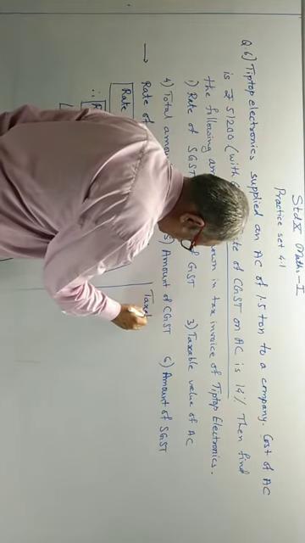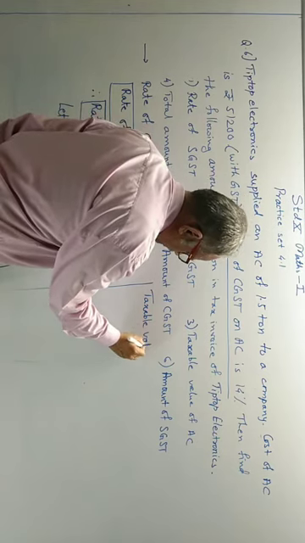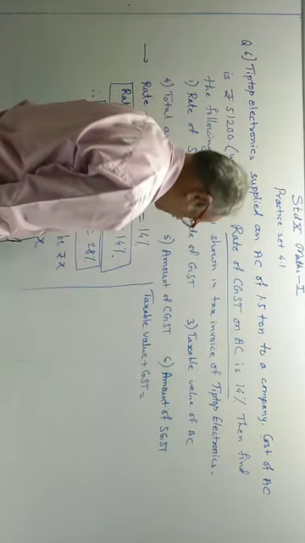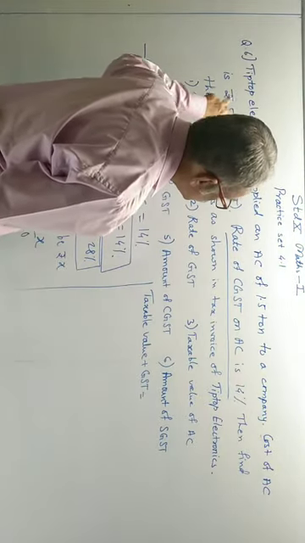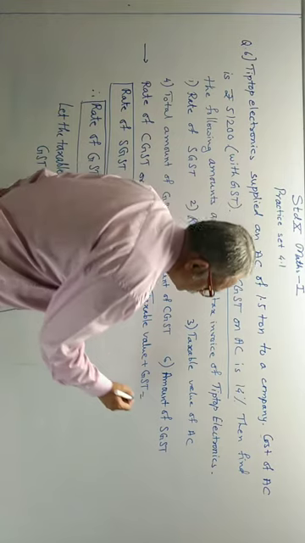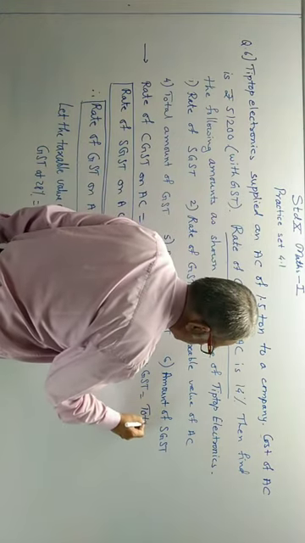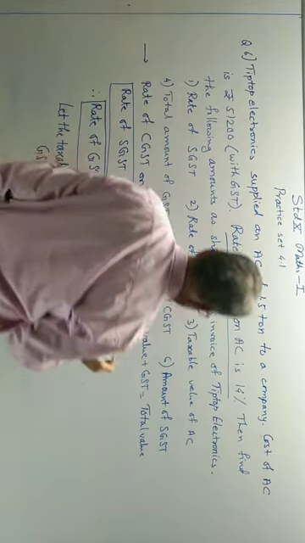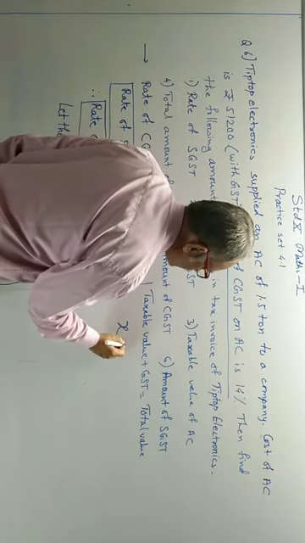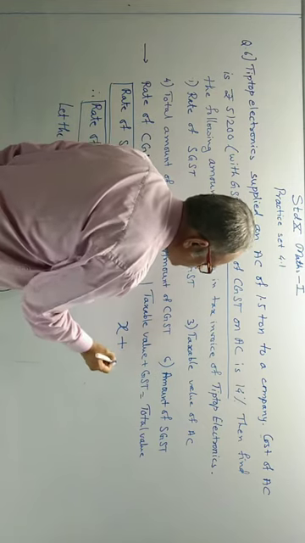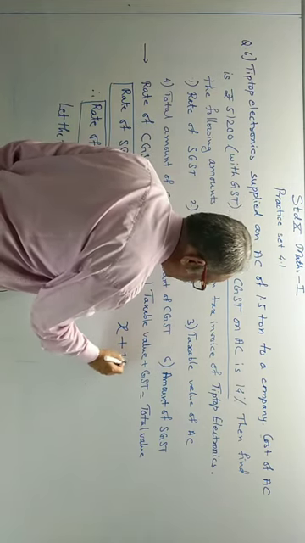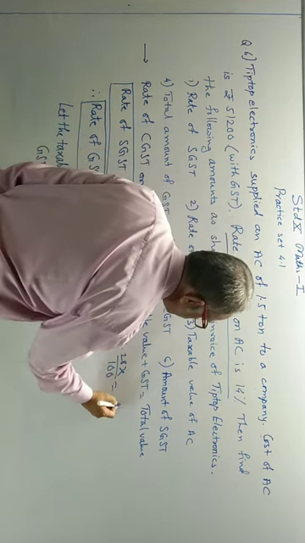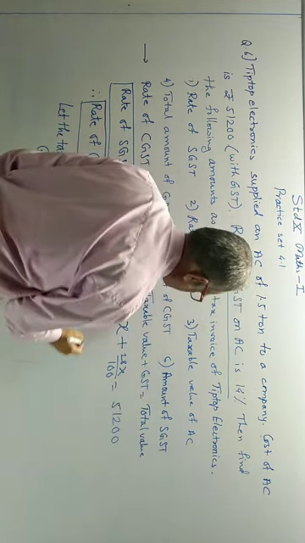Taxable value plus total GST, not CGST, SGST, total GST equal to total value, and that total value is given along with GST. Taxable value we assume as X, which is to be found. GST is 28X by 100 equal to 51,200.